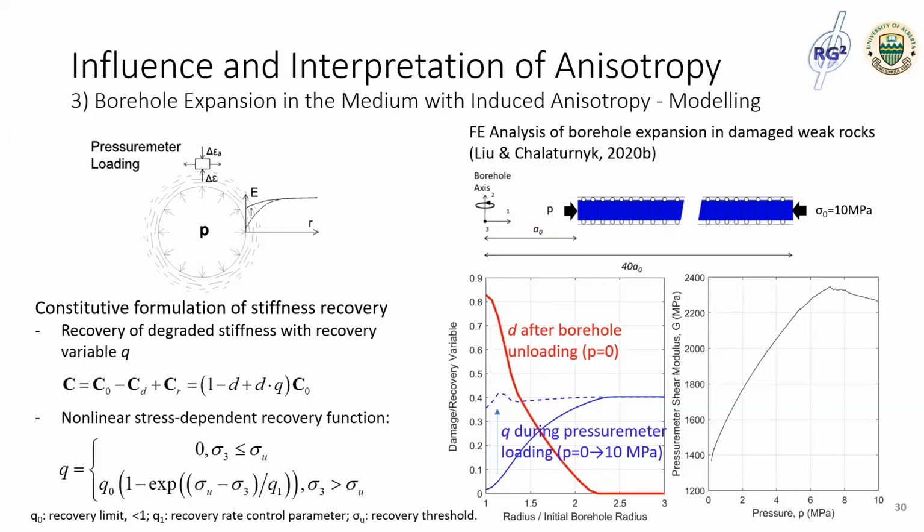As well, we also predict the shear modulus from the expansion curve from the simulation, and it has the trend that agrees with what we observed in the field. And now we're working on extending this analysis to the anisotropic boundary stress condition.